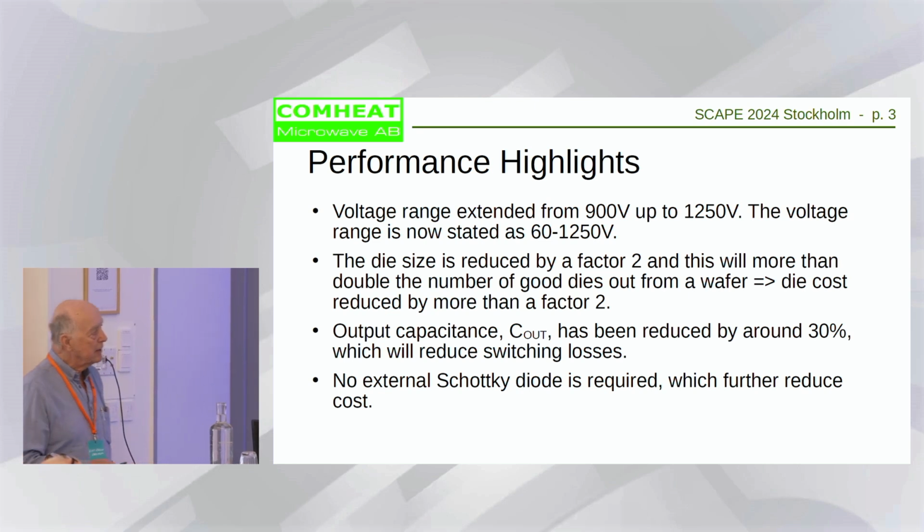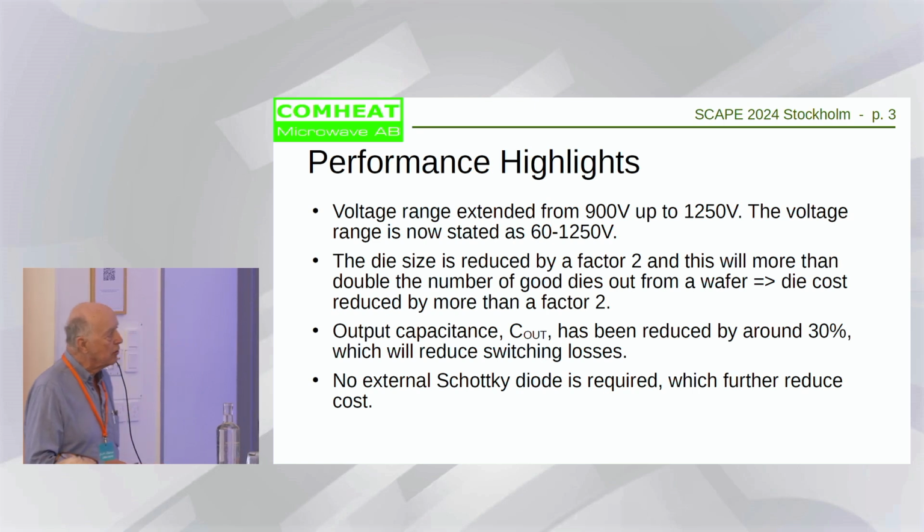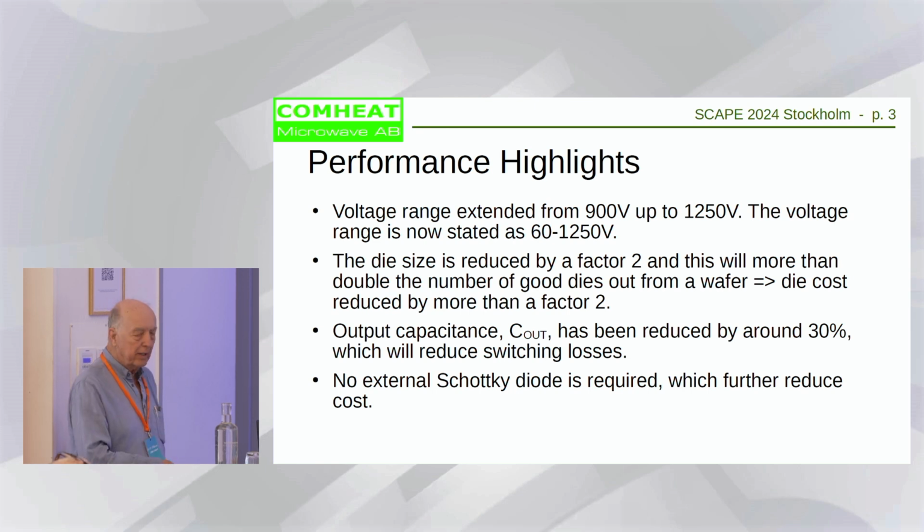Output capacitance has also been reduced by around 30%, which will reduce switching losses. No external Schottky is required, which will further reduce cost and also save area. If you have an internal Schottky conventionally, it will nearly double the area.